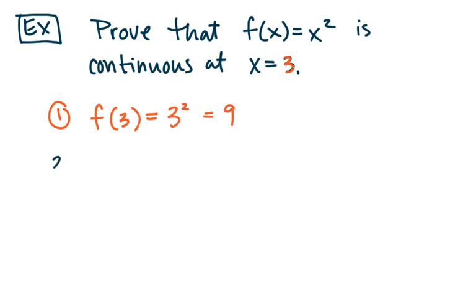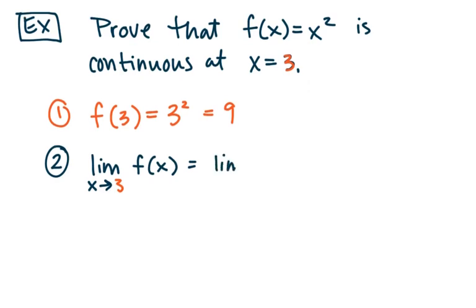The second thing that we do is we show that the limit as x approaches 3 of that function is equal to that same number. And so in this case, this is the same as finding the limit as x approaches 3 of x squared. And when we are finding the limit of a polynomial function, we just can evaluate the function at that c value.